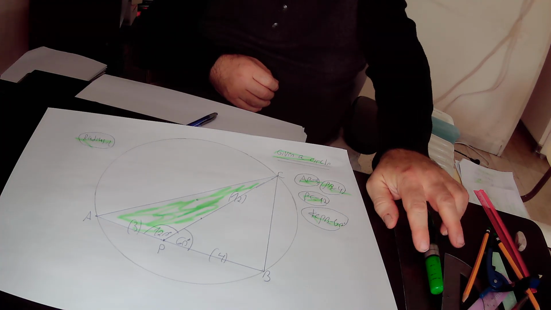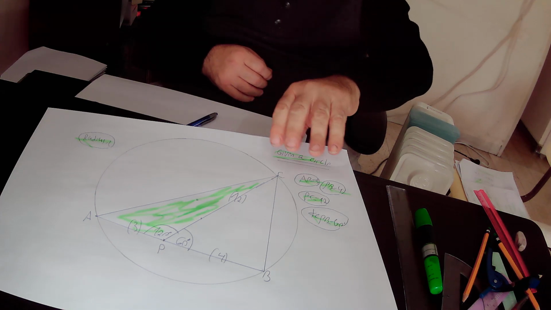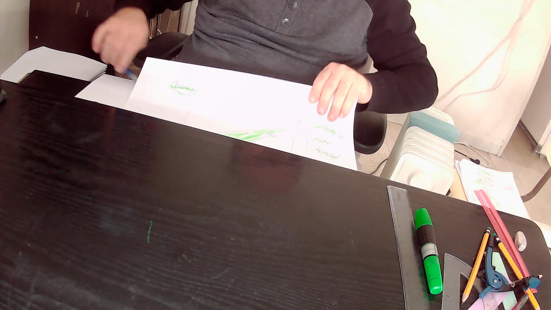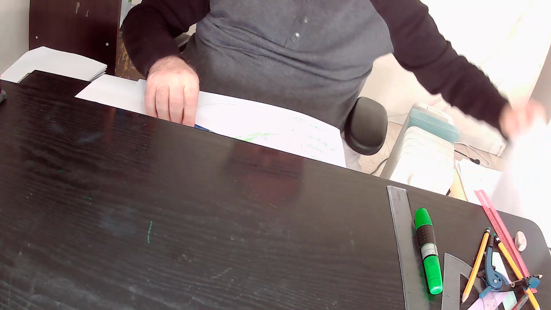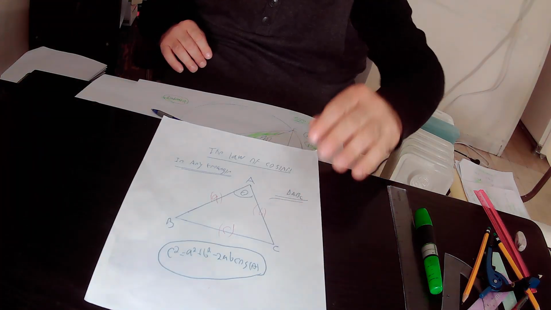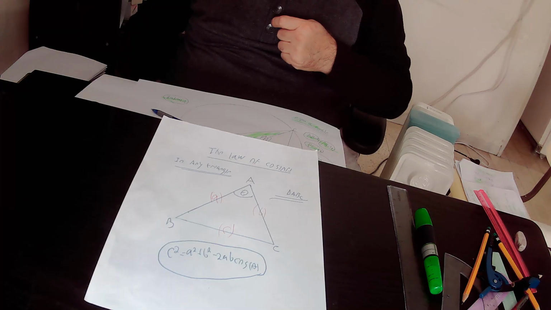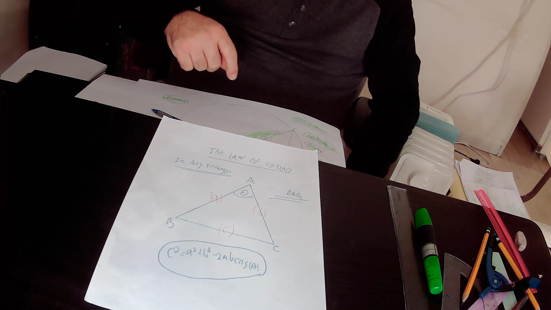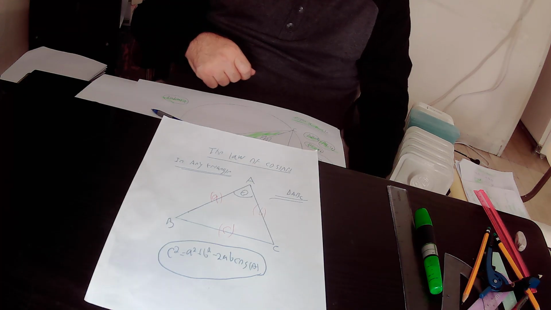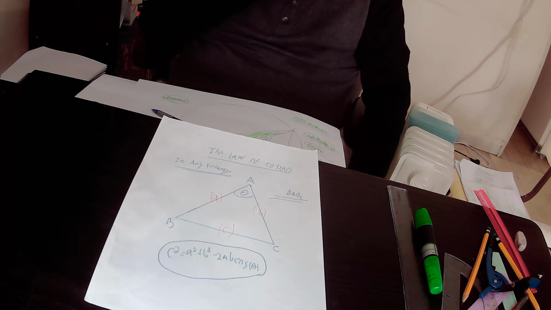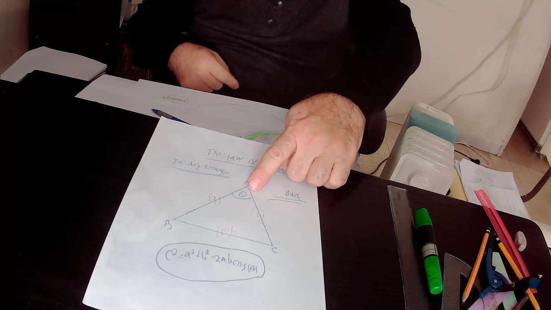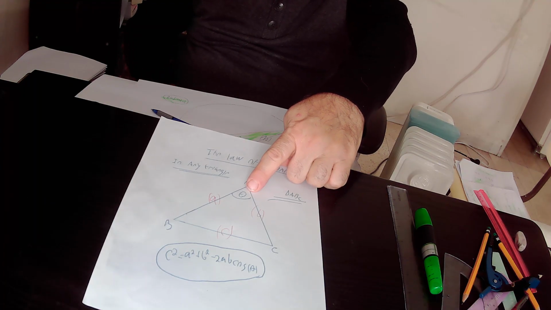In the next step, we will implement the law of cosines on all those three triangles. So we start by briefly repeating the law of cosines. The law of cosines is true in any triangle. This is triangle ABC, which could be any triangle. This is angle theta, which equals 30 degrees in size according to our definition.